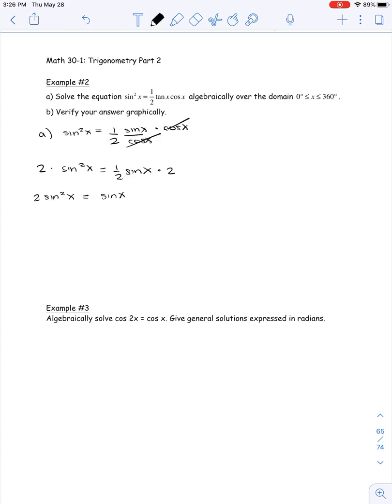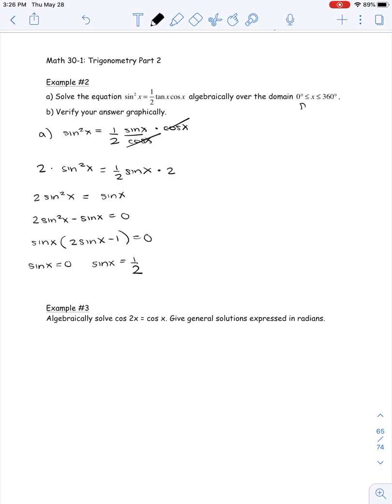Now we're going to bring everything to one side because we have something squared. And I'm going to factor out the sine that's common for both. So as you can see, sine x could equal 0, or sine x could equal 1/2. So those are the two values that I have to solve.